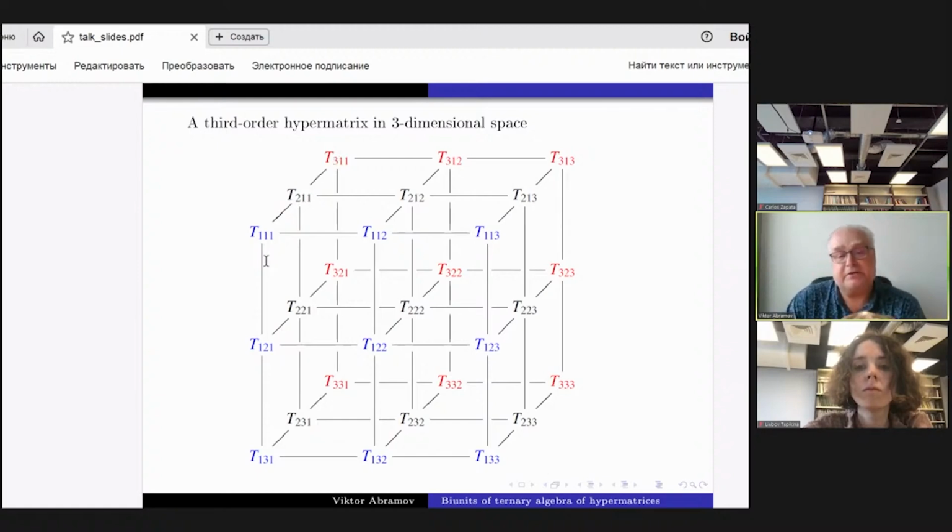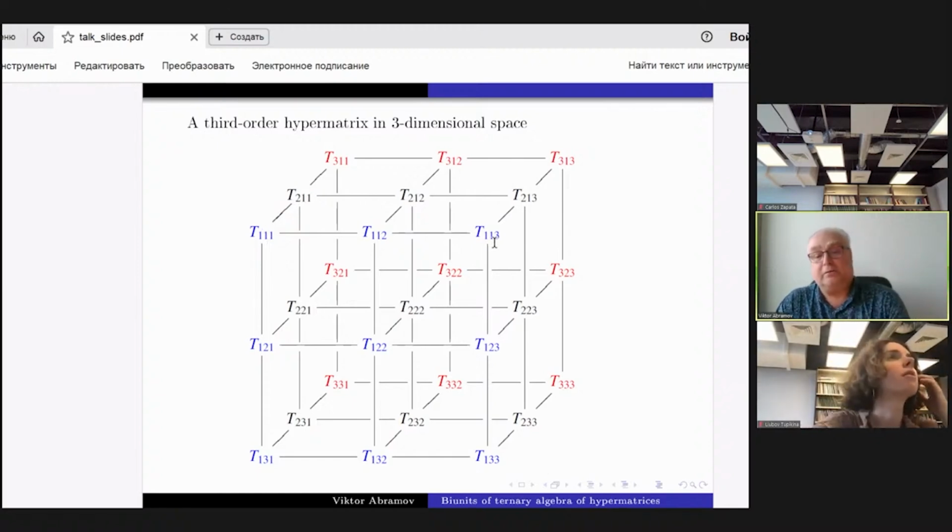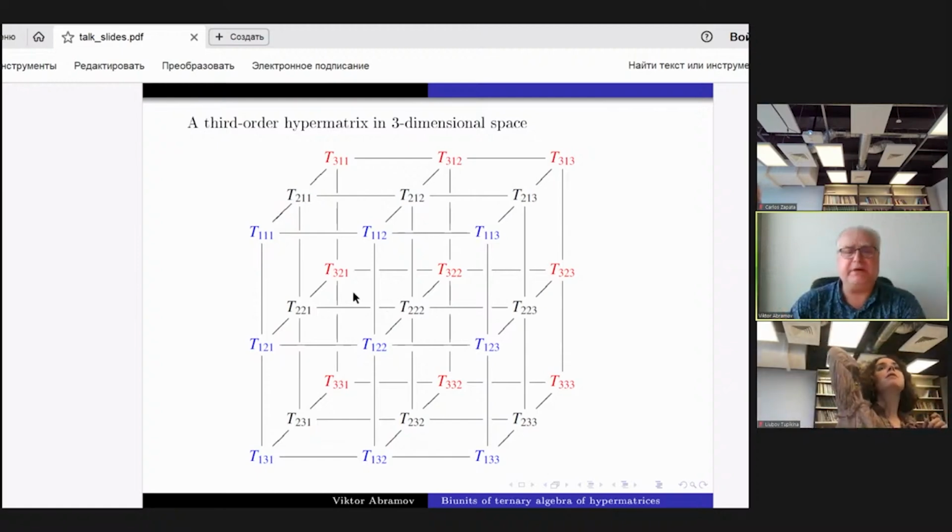The other indices, second and third, are the same as the enumeration of entries in a square matrix: 1,1, 1,2, 1,3. Now it is easy to see that in the hypermatrix, if I put it into space, I have 3 directions, and I call them.